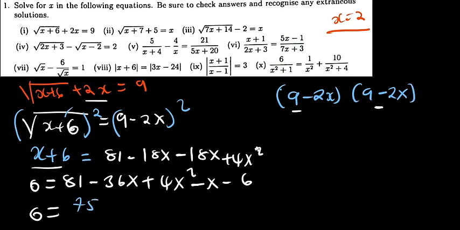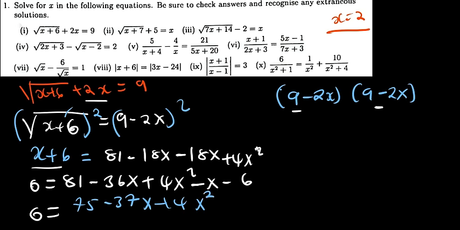Then negative 36x minus x should give us negative 37x, then plus 4x squared.